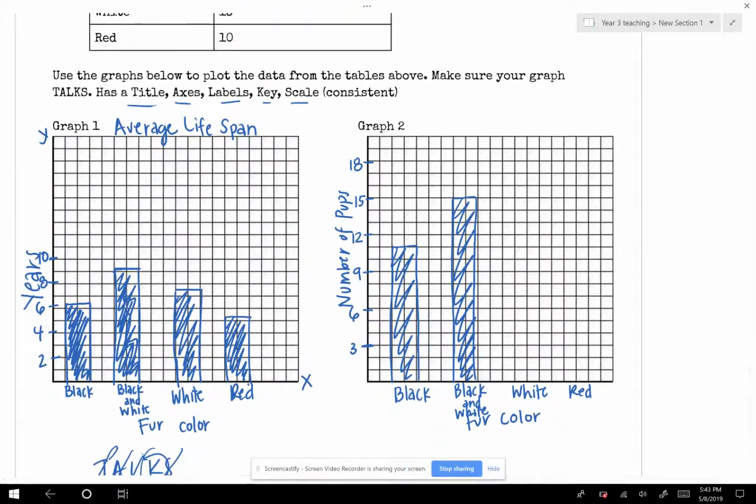My next one is going to be white, which is 13. So 12, 13. So fill in here. And then my red is going to be 10. So that would be that on there. So you fill that in.